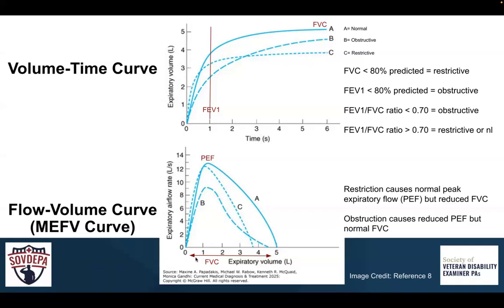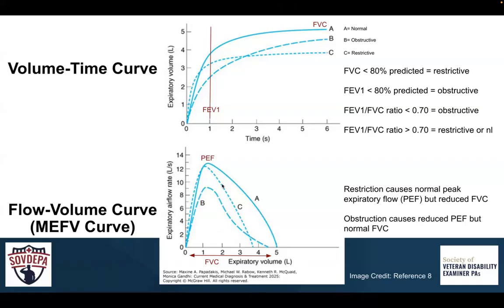Okay. This axis, this expiratory volume axis on the horizontal axis of a flow volume curve is the same as the vertical axis on a volume time curve. And that's why the FVC, that volume is the same. It's just in a different location. They're different curves, but that's what this 5 represents, the FVC, forced vital capacity in liters, 5 liters.